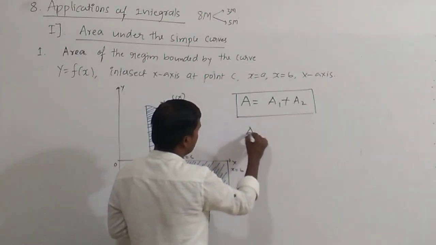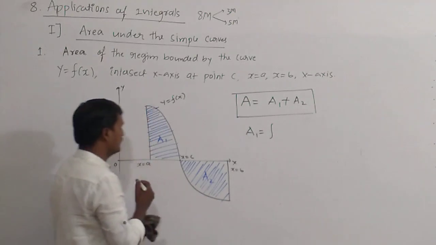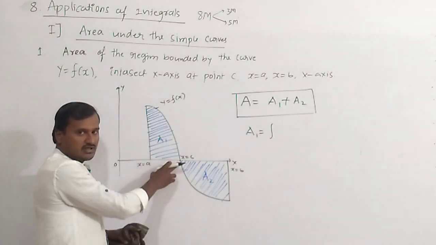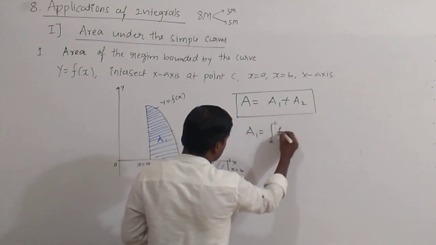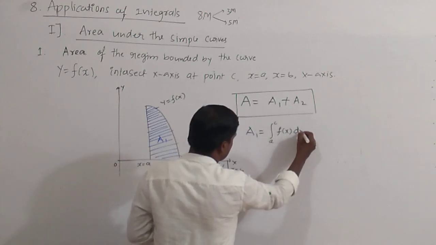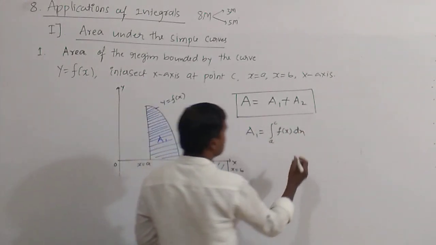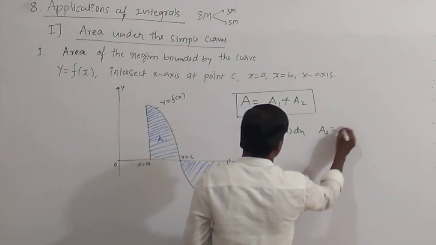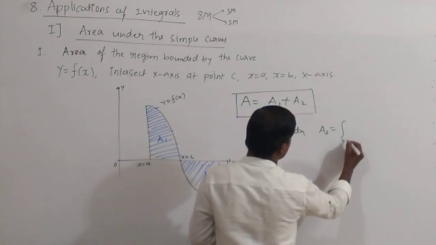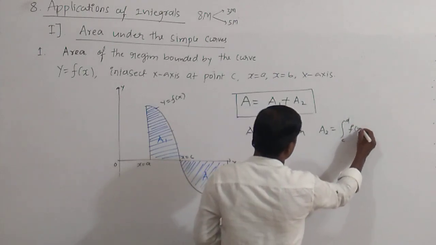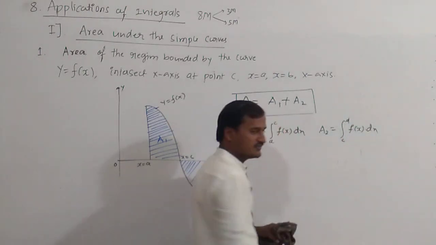Then what about a1? Therefore a1 is equal to the integration from a to c of f of x into dx, right? And a2 you have to take from c to b, again f of x into dx. Is it right?